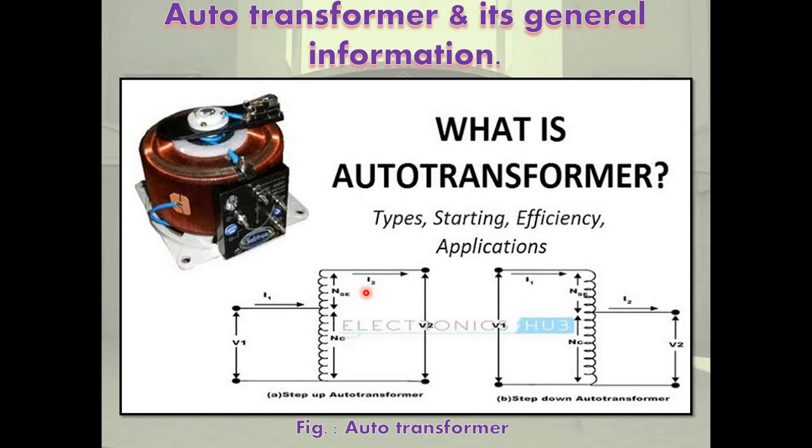Now next question: is it essential to have the same rated kVA for two transformers for parallel operations? The answer is no, because two transformers need not be the same kVA capacity for parallel operation, but their percentage impedance should be nearly equal. If percentage impedances are equal, the loading of the transformers would be proportional to their kVA rating.